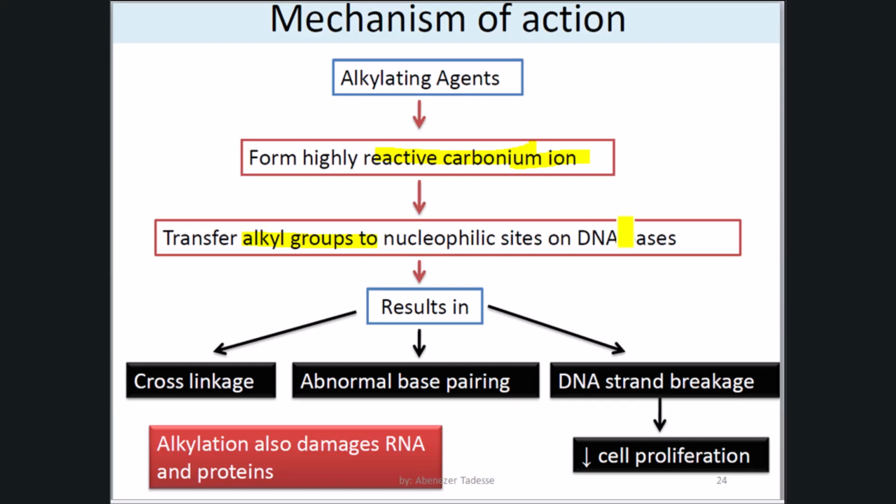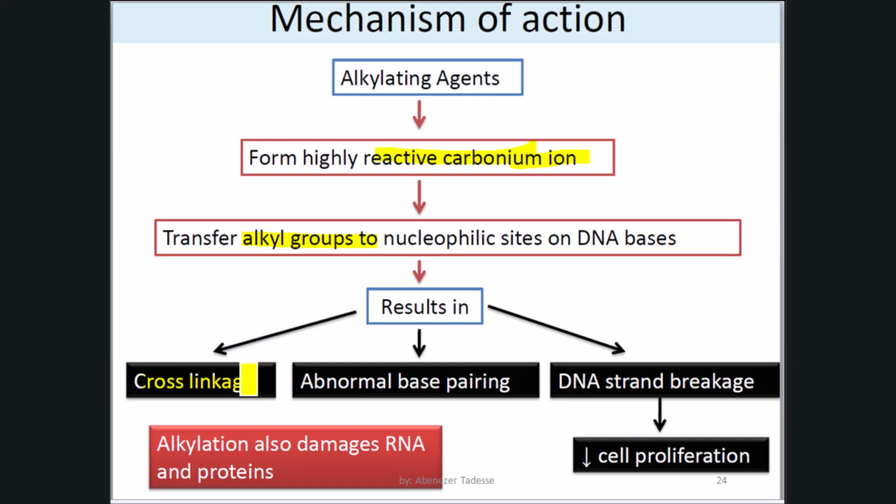This can result in cross-linkage within one strand or between the two strands of the DNA, which can affect unwinding and decrease cell replication, resulting in inhibition of proliferation and finally apoptosis.